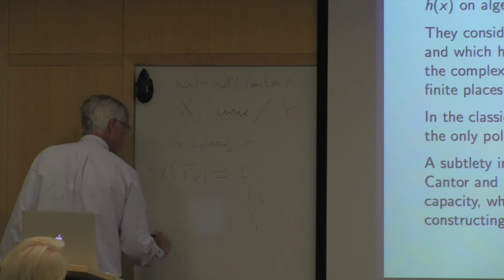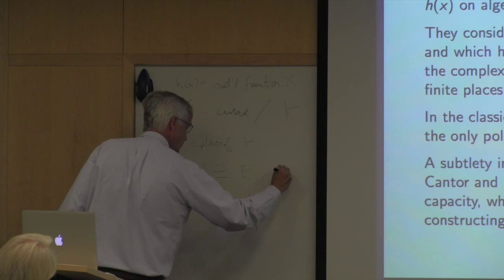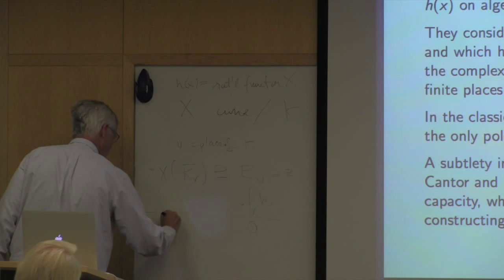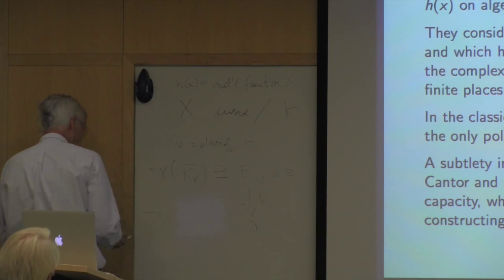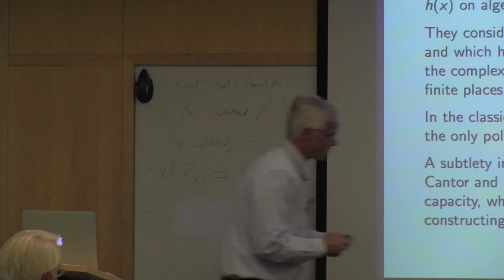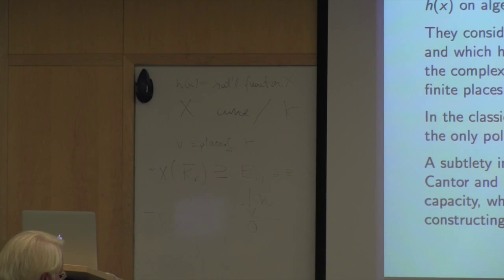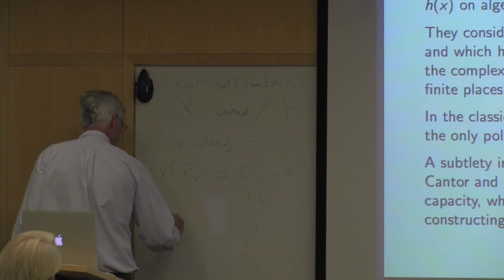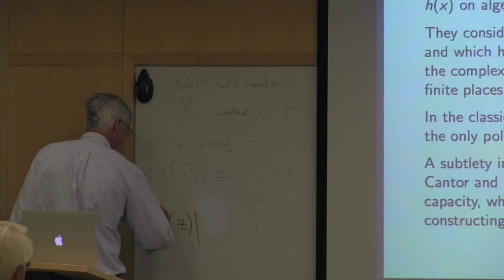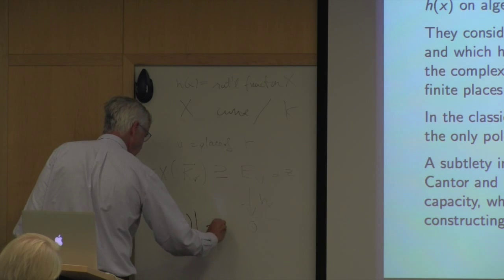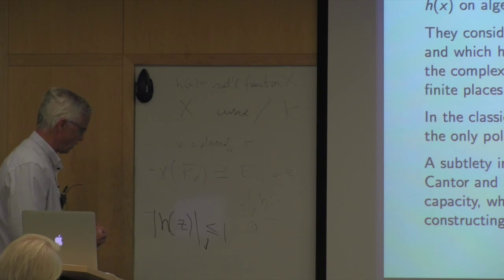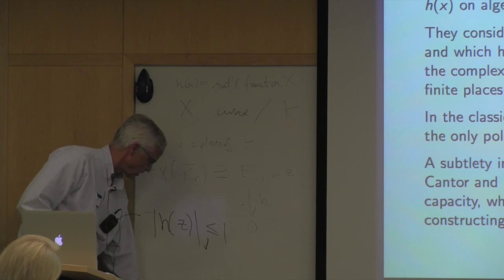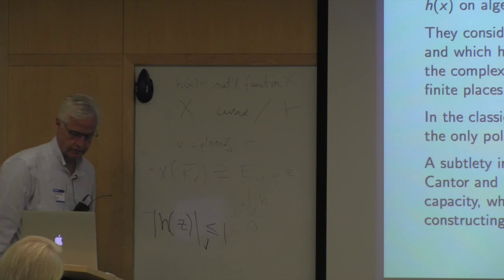They wanted to construct rational functions such that when you evaluate them on particular subsets of the v-adic points, you get something with v-adic absolute value less than 1. That just means that this thing is a v-adic integer.